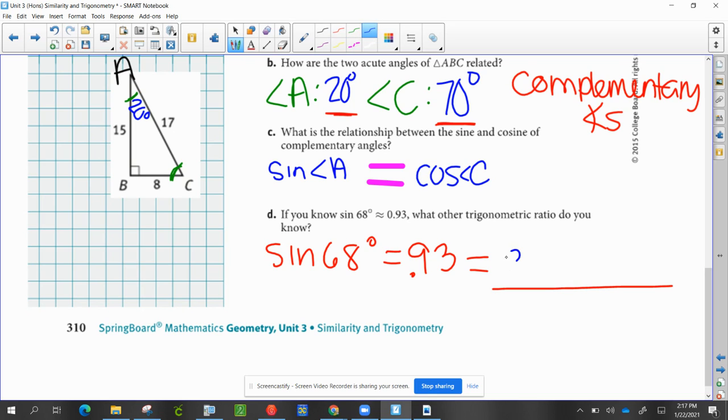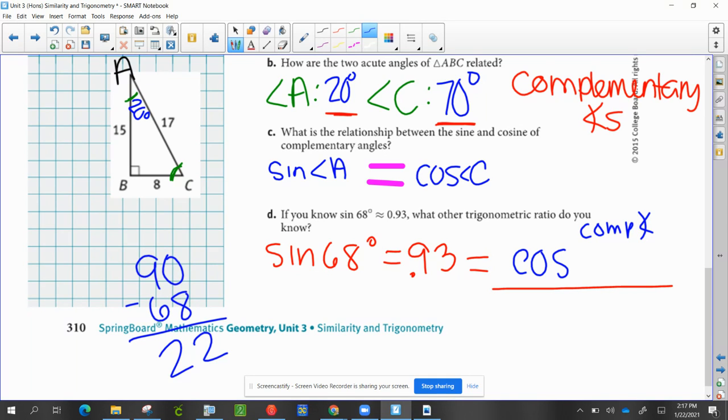Well, it's going to equal the cosine of the complementary angle. So if one angle is 68, let's do a quick subtraction. Take that away from 90, you should get the complementary angle, which is 22. So those would both equal 0.93 if you plug them into your calculator.